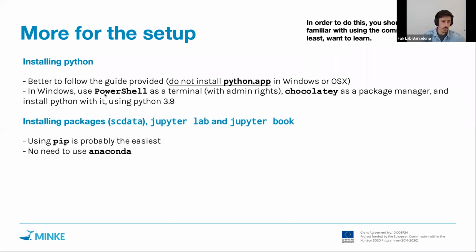On Windows, we recommend that you use PowerShell, which is normally pre-installed, but if not, you can install it from, in this case, the Microsoft App Store. Then you will use it as a terminal with admin rights and install this program called Chocolatey as a package manager, with which you will be able to install Python.